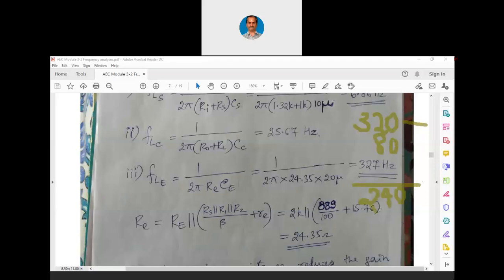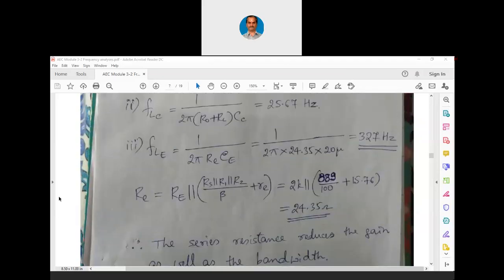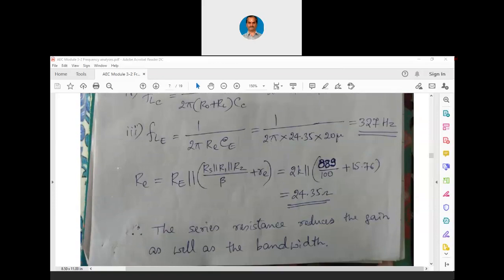So it is a reduction of 240 hertz in the bandwidth as far as lower frequency is concerned. From 80 hertz it went to 320 hertz, means there was an increase of 240 hertz of FL. As bandwidth is FH minus FL, there is a reduction of 240 hertz in the bandwidth. So that way the series resistance is going to reduce the gain as well as the bandwidth.